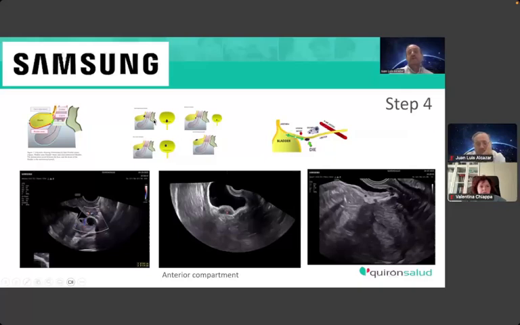Also, the intramural part of the ureter could be observed. Here you have a nodule in the trigone. Here you have a nodule in the dome of the bladder, and here you have a small lesion in the base of the bladder. This is the ureter right there.